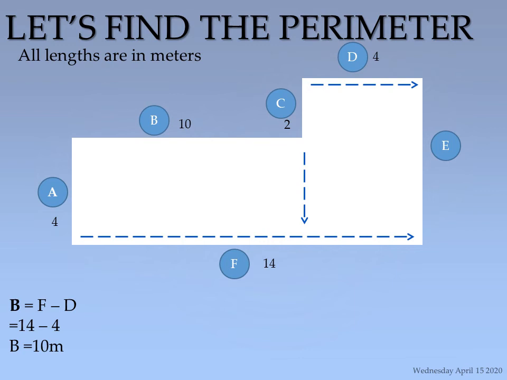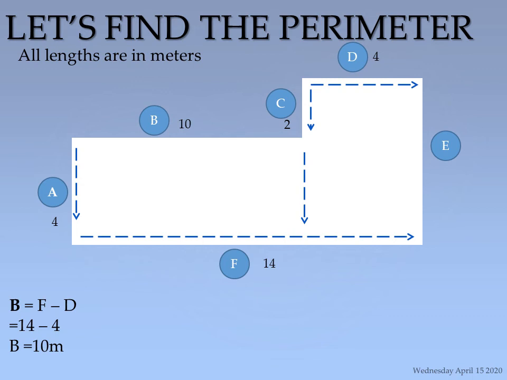Now let's look at the corresponding opposite widths that we have here. We have two of them. First, a corresponding width here in line A, which is 4 meters. And we have another corresponding width in line C, which is 2 meters.